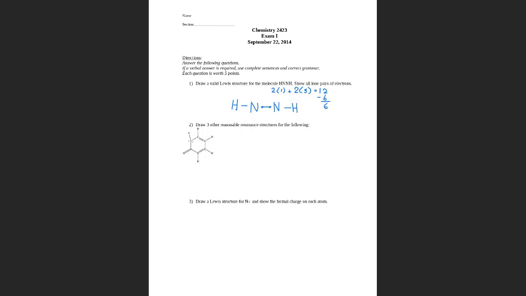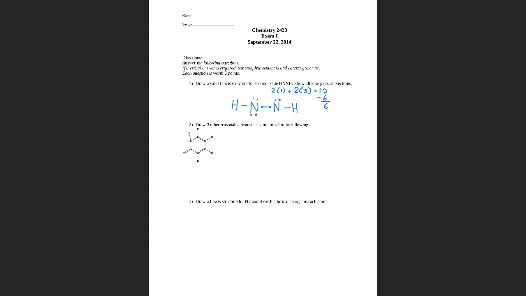So then I'm going to place my remaining electrons in pairs on atoms that do not already have a full octet. Now hydrogen, of course, can only ever have 2 electrons around. It can never have more than that. So I'll place 2 electrons on nitrogen, and then I'll put 2 here, 2, 4, and here's 6.